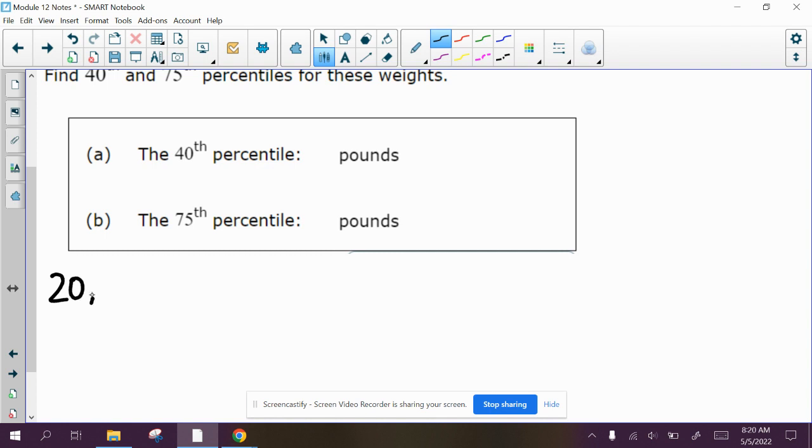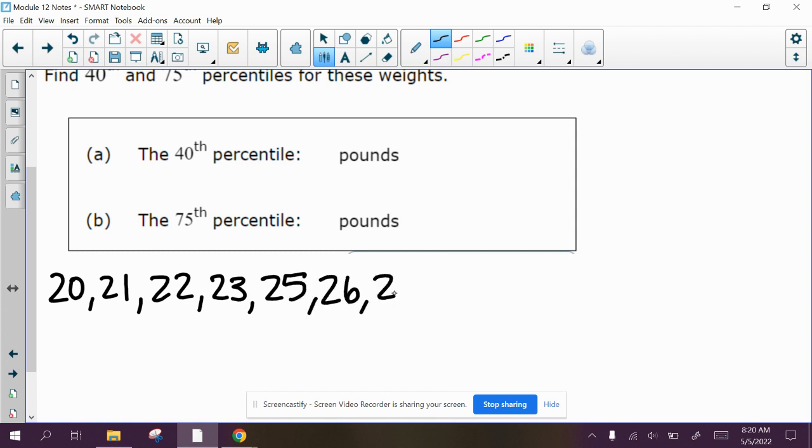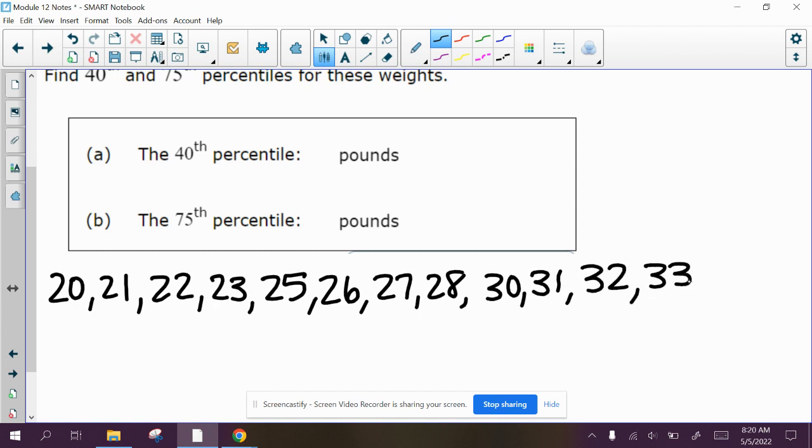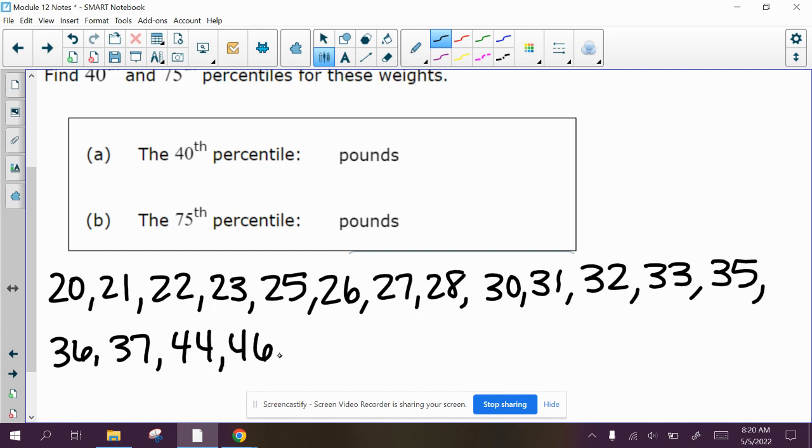We have 20, 21, 22, 23, 25, 26, 27, 28, 30, 31, 32, 33, 35, 36, 37, 44, 46, 47, 49, and 50. And that asks us to find the 40th percentile and the 75th percentile.